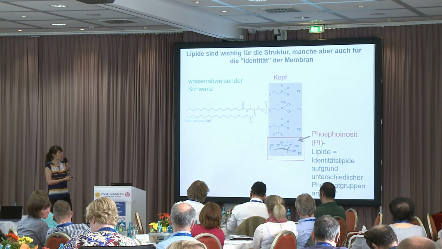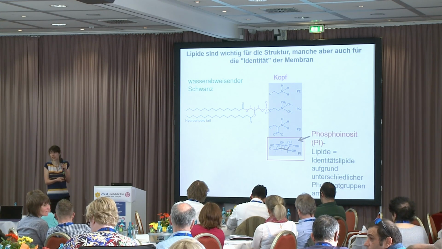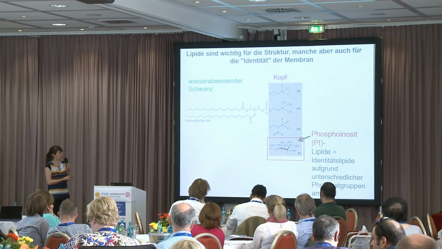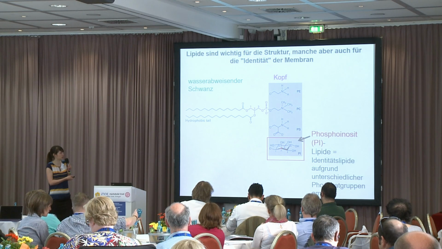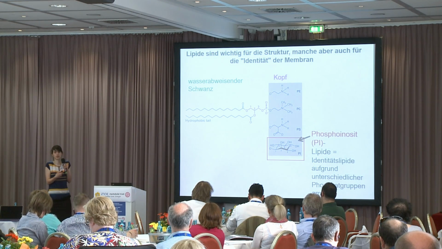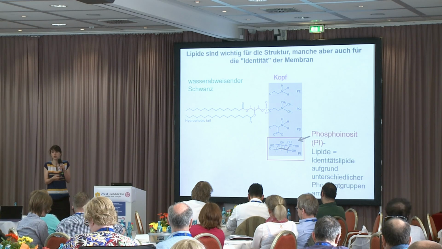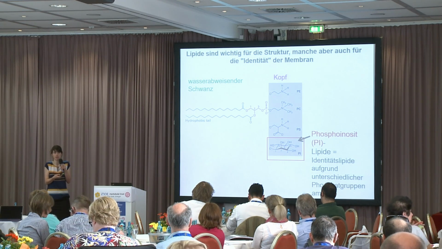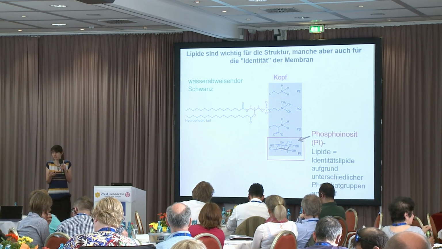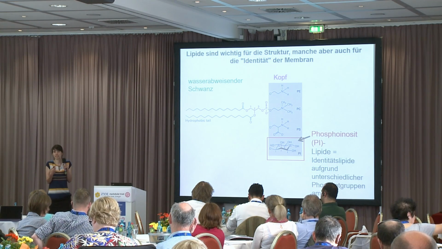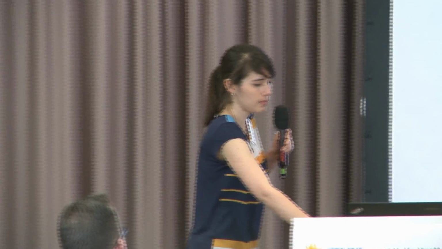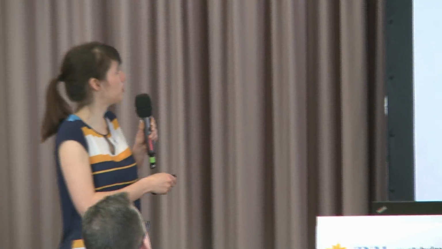And those identity lipids, identity-giving lipids, are set up in circular structures. They can be added on in position 2 to 6. There can be different PIs attached. And depending on where the phosphate groups are, a new compartment is defined. And these lipids define the identity of the compartments. They decide, is it the bedroom, is it the kitchen, is it the bathroom of the cell.